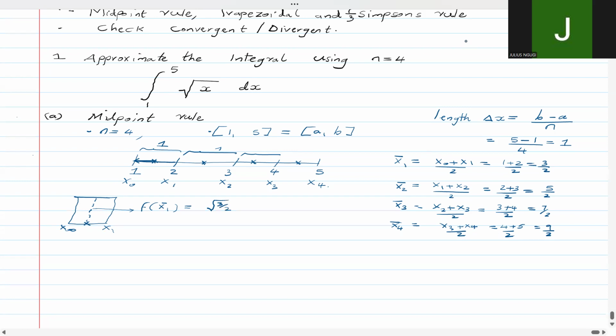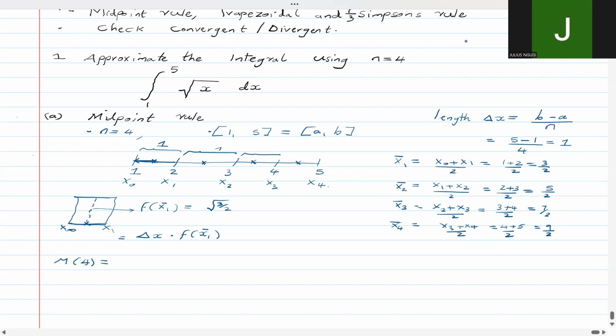So the area of this rectangle is the distance between x0 and x1, or the length, which is just 1, multiplied by f at x1 bar. And so we can find all of them using the general formulation for the midpoint rule, where I'm putting 4 to show the number of rectangles.